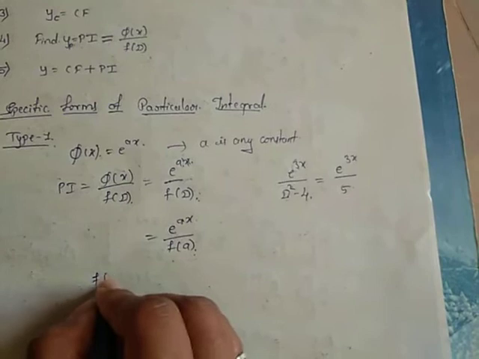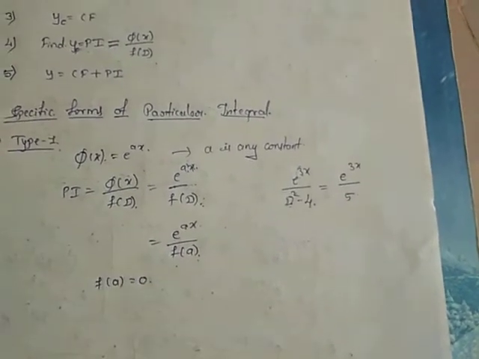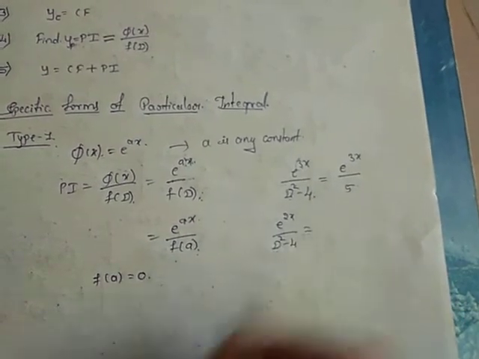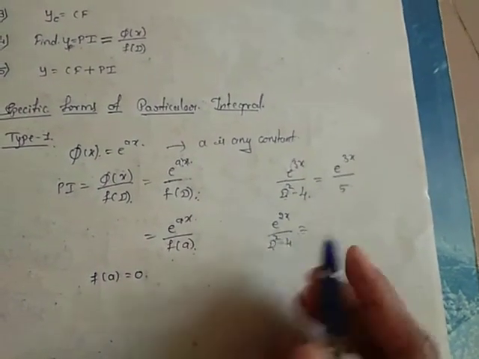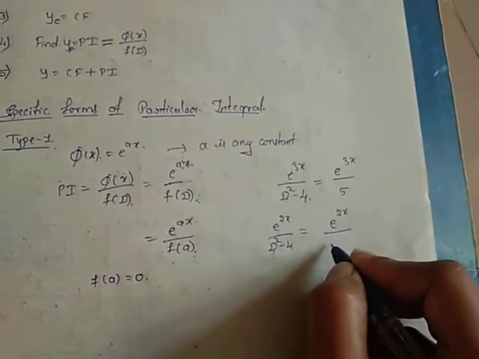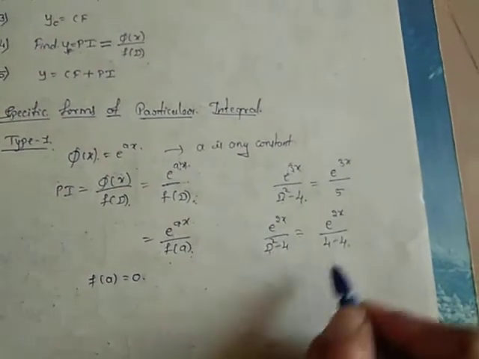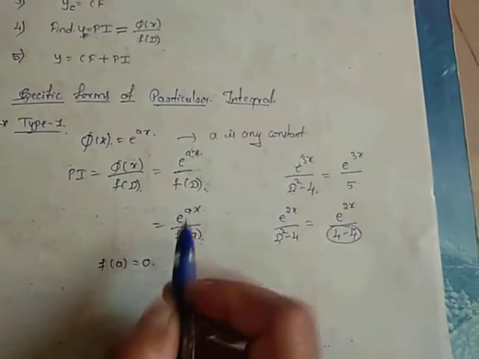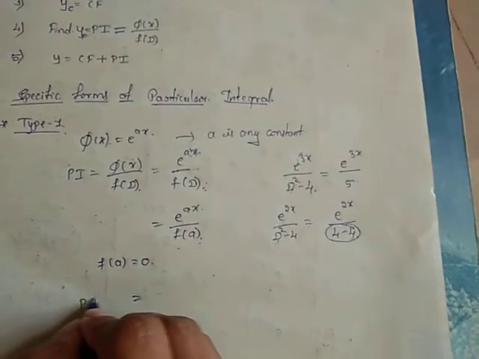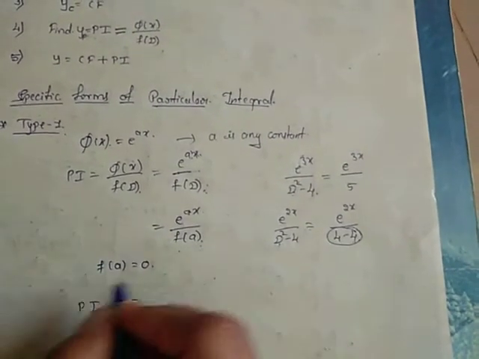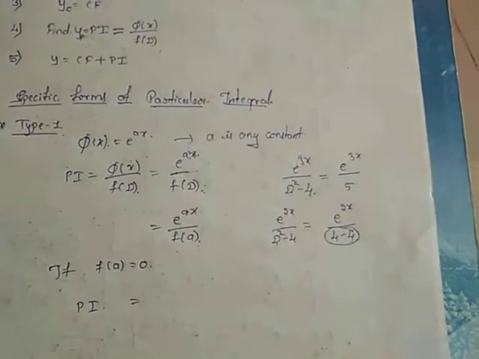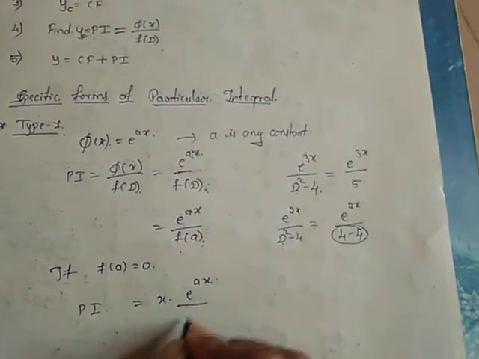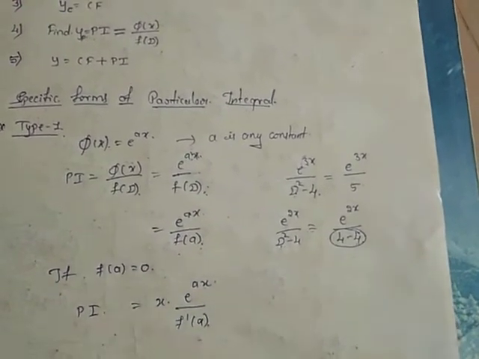Suppose f of a is 0, in an example like e raised to 2x divided by D square minus 4. If you replace D by a, the value will be 4 minus 4, so your denominator tends to 0. In that case, if f of a is 0, then our particular integral is x into e raised to ax divided by f dash of a.